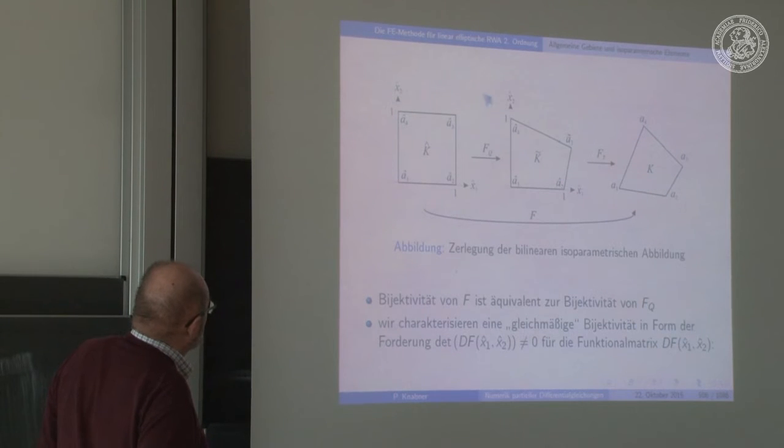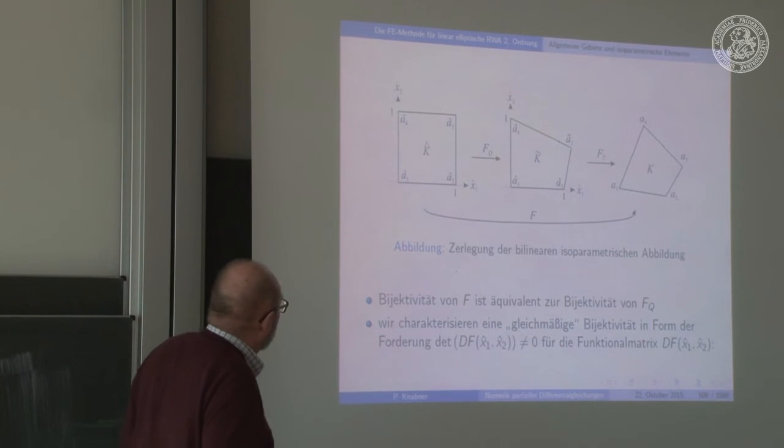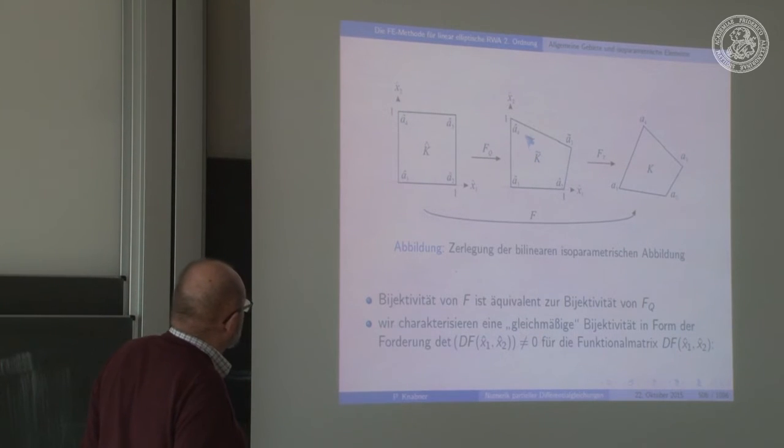Here we have the reference triangle, which is amended by a 4th node, and the 4th node is now the back transformation of A3 by this affine linear mapping to this side. So this is now a special quadrangle with 3 fixed nodes and 1 general node here.